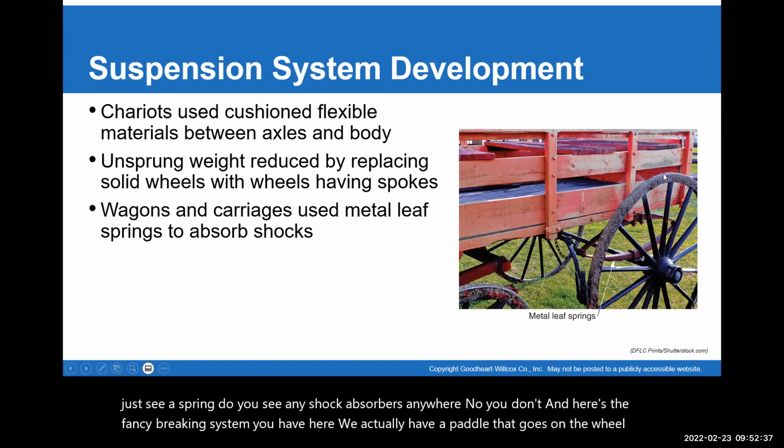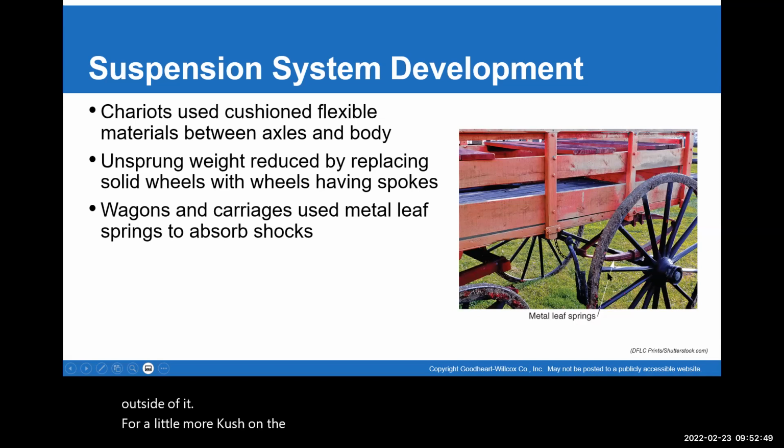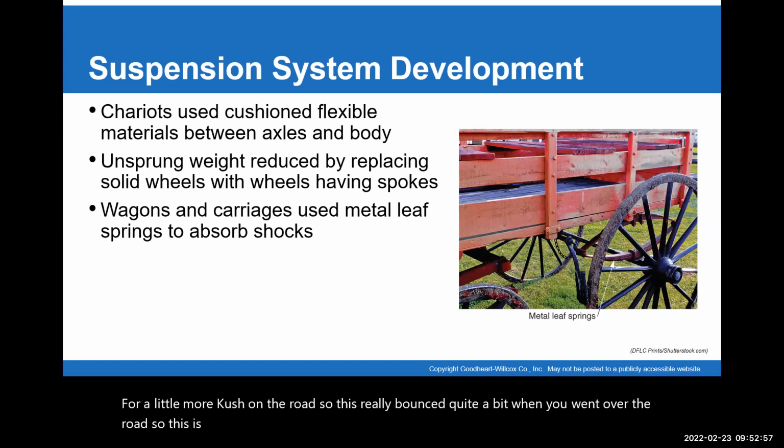So this wheel is just a really basic one. This one doesn't even have the rubber on the outside of it for a little more cush on the road. So this really bounced quite a bit when you went over the road. So these are the early type systems we had.